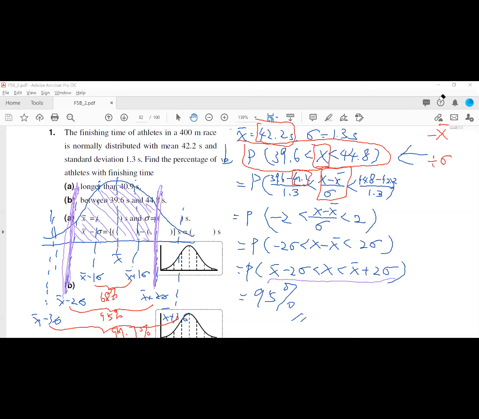And then divided by 1.3. 1.3 is the sigma. Can you see this? Okay. So it's like this. Can you get this? Okay, and then we just do the calculation until we get to this step and this step, and then we will go to the graph and find the shaded region. Okay. Oh, okay, good. Let us continue.